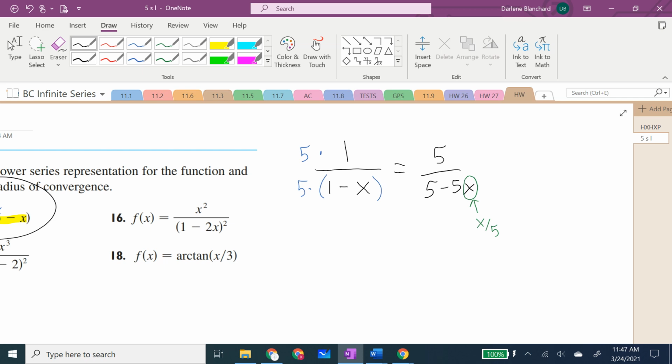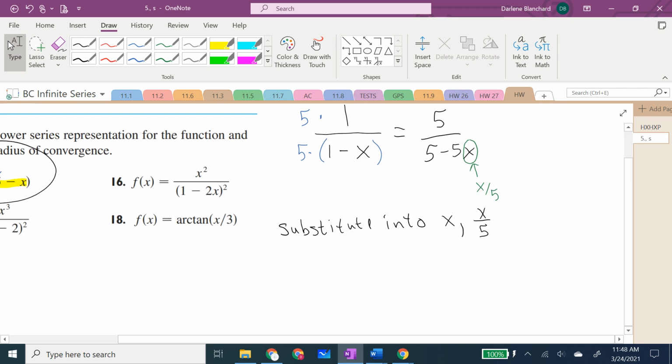All right, so I'm going to write down the first thing that I need to do. I need to substitute x over 5. And again, this is the first thing that I am doing to my power series.